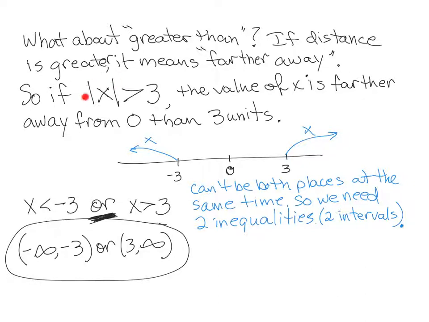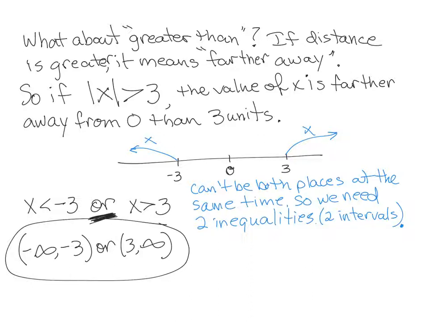So if the absolute value of x is greater than 3, it's farther away from 0 than 3 units. So I find 0, I go forward 3 and backwards 3, but x is farther away. So I'm going to start at 3 and go that way, start at -3 and go that way. It's farther. Now notice that I can't be in both places at the same time.